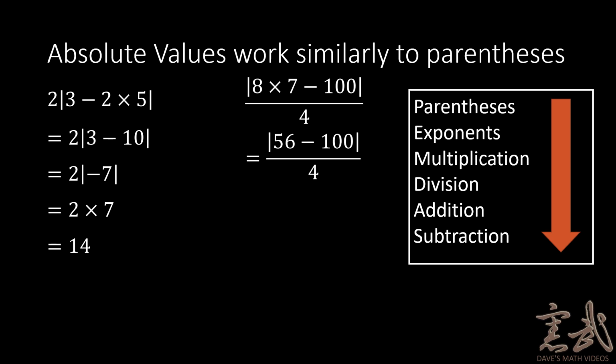All right, so as we said before, we must take care of what is inside the absolute value first, and because what's inside the absolute value contains a multiplication, we do 8 times 7, which is 56, and 56 minus 100 is equal to negative 44. However, since negative 44 is less than 0, we will remove the negative sign and get 44 over 4, or 11, as our final answer.